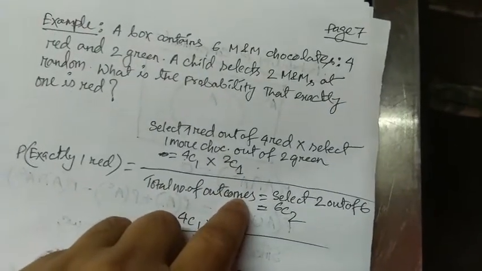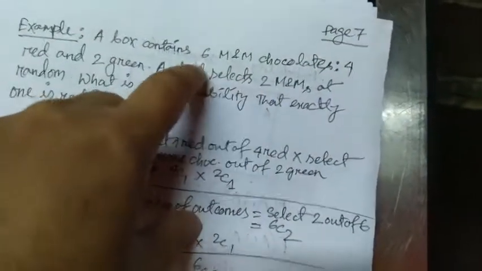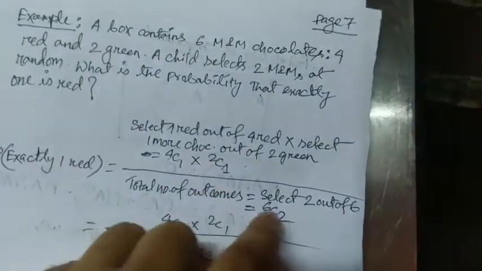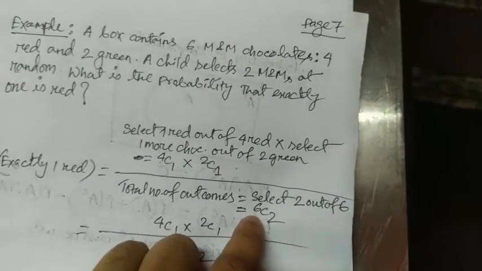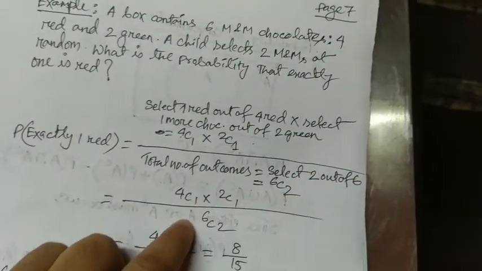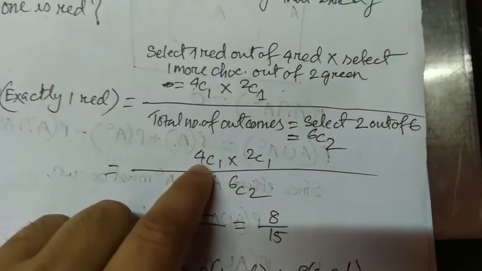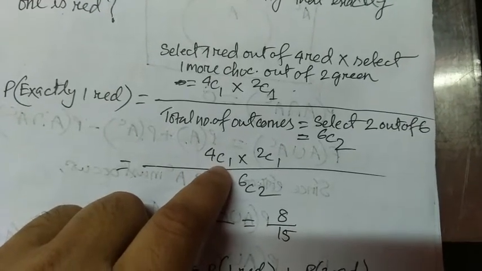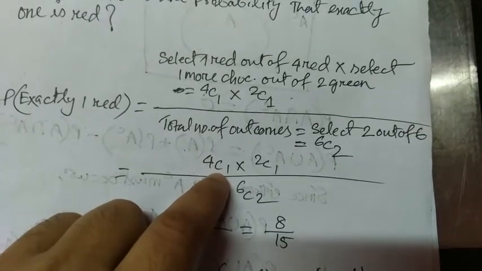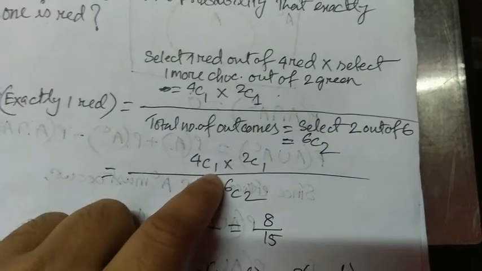Total number of outcomes is, since the child needs to select 2 chocolates out of total 6 chocolates, that means 6C2. If you solve it using a calculator, you press 4 first and then shift and then division, then you will get C, and then you press 1, so you will get 4C1, and then press equal.